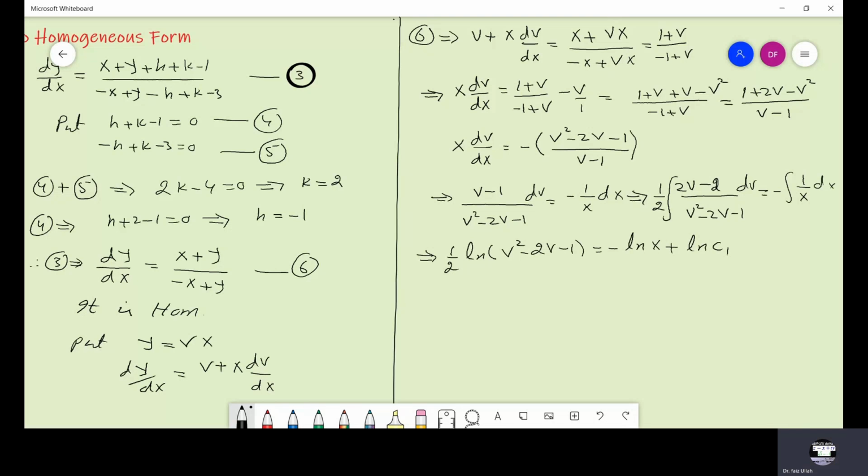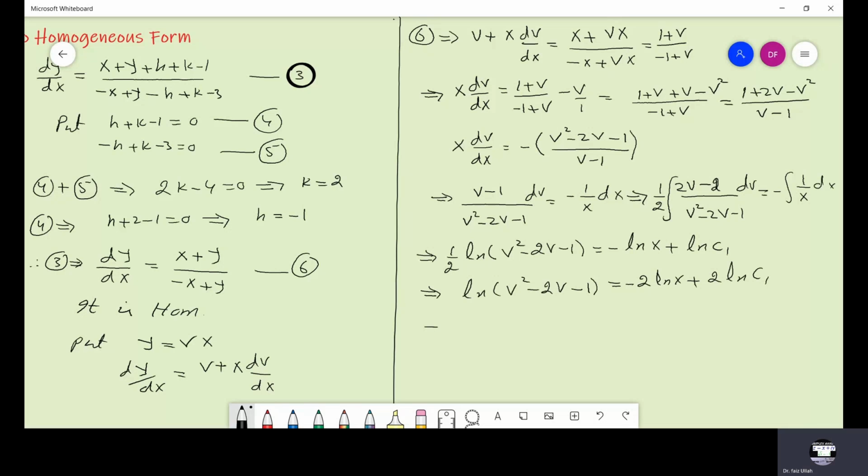And now let us multiply each side with 2. We have ln of v square minus 2v minus 1 is equal to minus 2 ln x plus 2 ln c1. And now we can take this 2 in the power, which is the rule of logarithm.